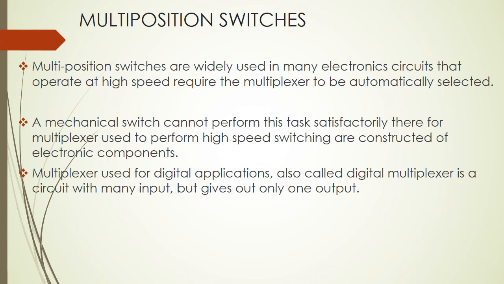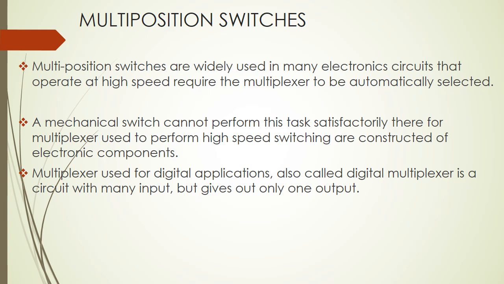So let's look at a mechanical switch. A mechanical switch cannot perform this task satisfactorily. So we have the mechanical switch and the multi-position switch. The multi-position switch is faster in terms of communication systems, which allows the multiplexer to enhance the ability of the circuit.